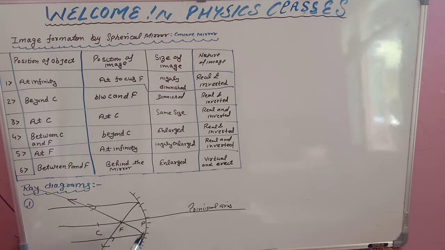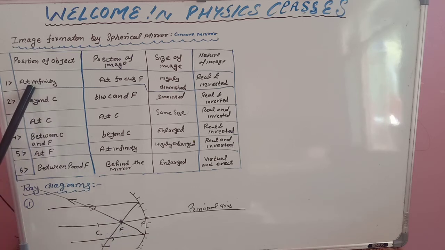So you can see that they both are meeting at a single point, means at focus. So if the object is at infinity, the image is forming at focus. The image will be formed at the point where 2 rays are meeting. So you can see that these two rays are meeting, cutting at one point, and that point is called the focus, means your image will be formed at this point.